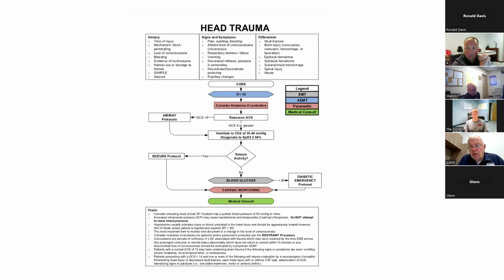So if you're coming to me on the helicopter and I've called you for a single vehicle accident, I've got a critical patient, I've declared him red, a GCS of 8, let's say, or 9 or whatever, are you not going to want to know what that blood pressure is? Of course, I want to know that blood pressure, because that's going to tell me if I'm bringing blood to the scene or if I'm going to leave it in the helicopter for later. If their blood pressure is already in the low 90s or high 80s, then yes, I'm giving them blood immediately on scene while we're getting other stuff done.